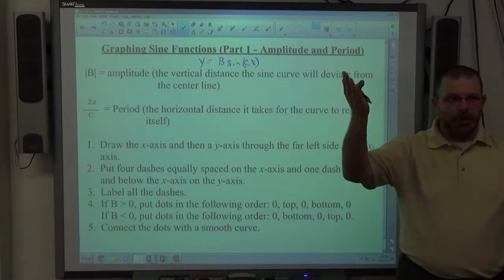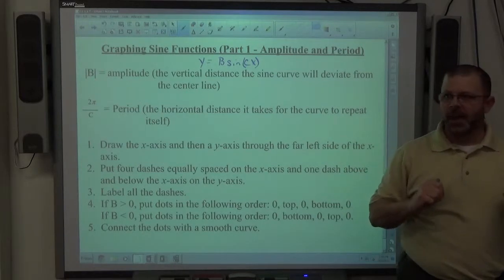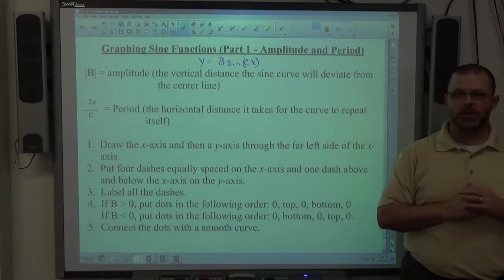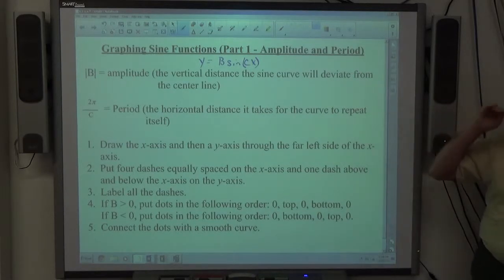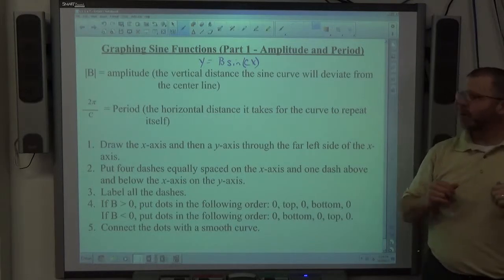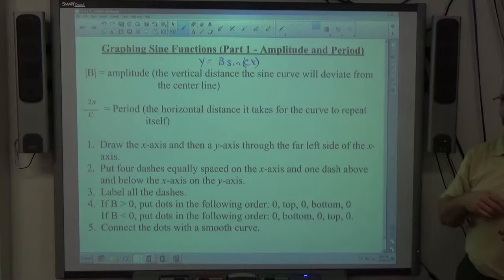A moves it up or down, and D moves it left or right. We're going to deal with those in another chapter. But right now, we're just going to make them stretch or shrink, horizontally and vertically.